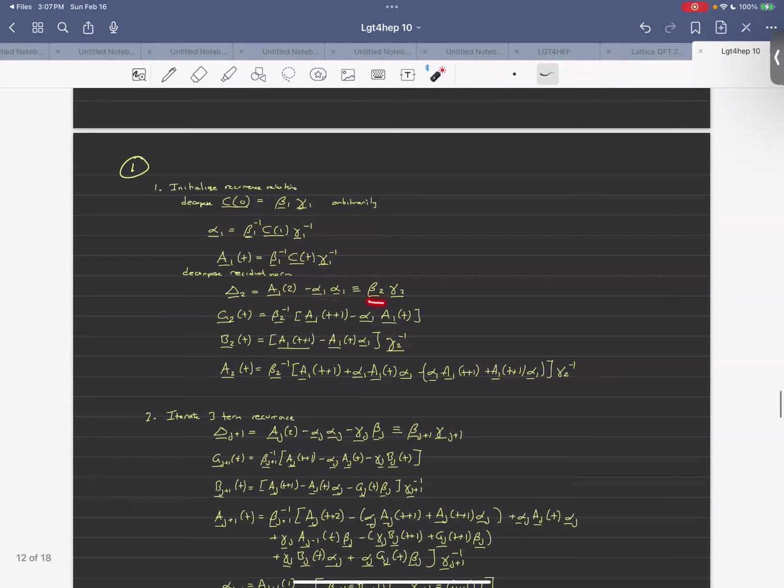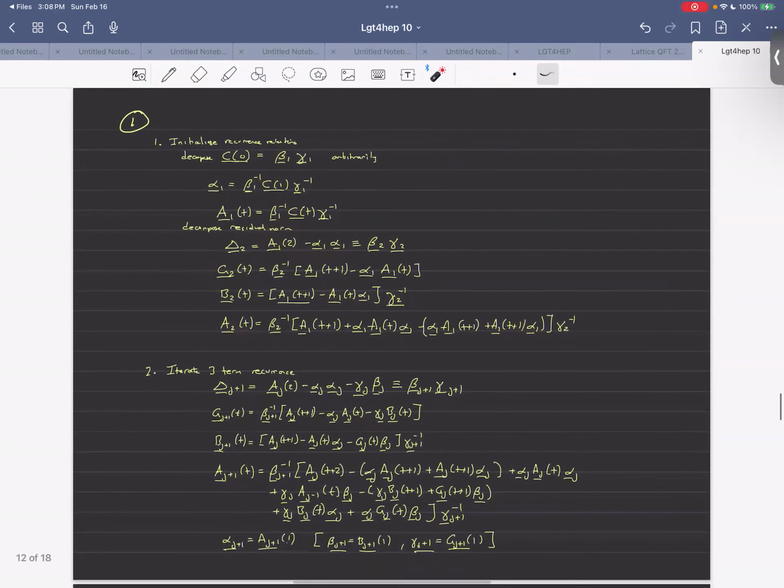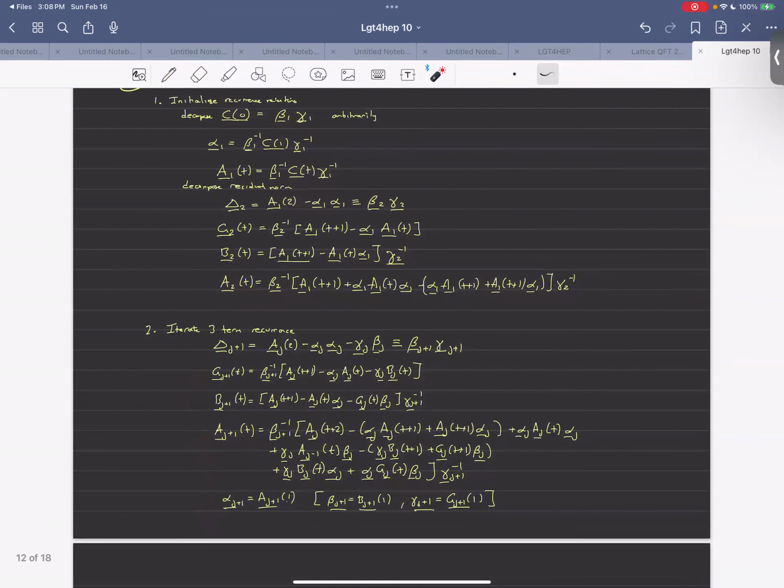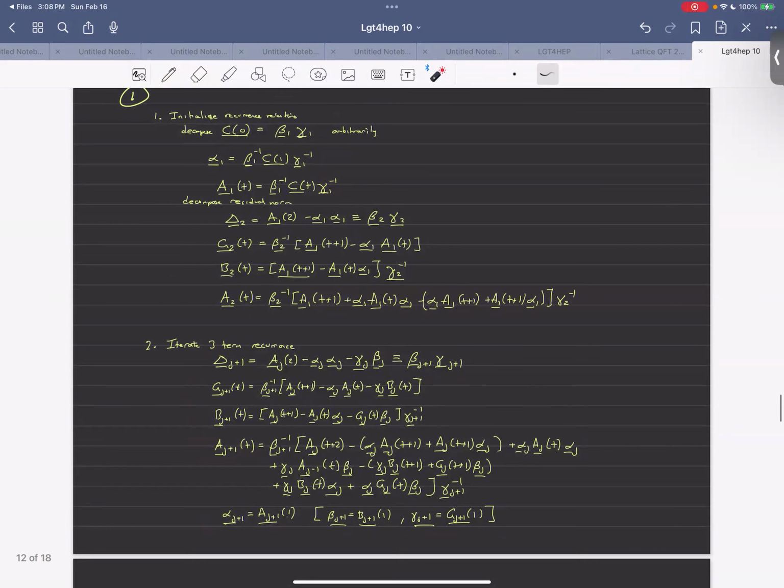Then we can factorize that into a beta and a gamma. We can iterate to define gamma of t, beta of t, and then finally A2 of t. And then we have what we need to perform the recurrence. The second step is the recurrence going from the values at iteration j to the values at iteration j plus 1. And so these steps give you access to these quantities A.